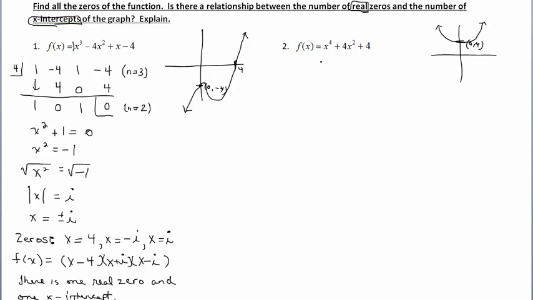Alright, well, let's find all 4 zeros, all 4 imaginary zeros. So set the equation, it's called a quartic equation, equal to 0.